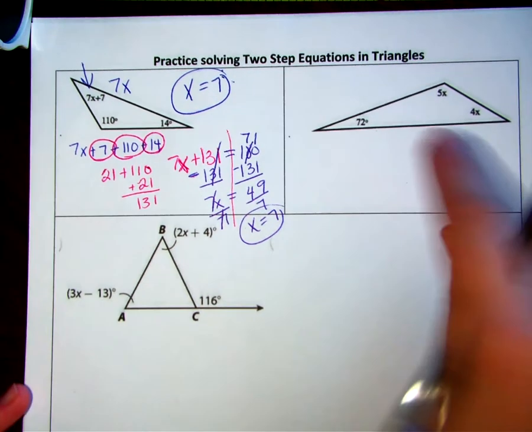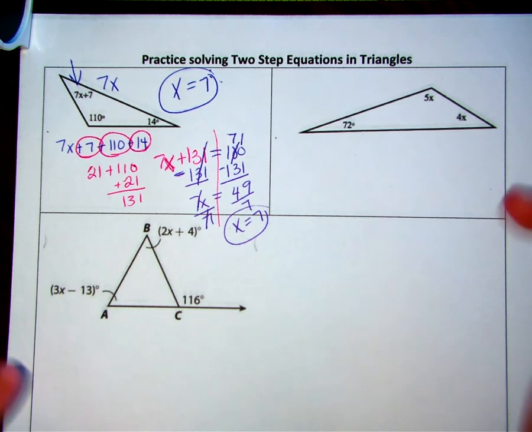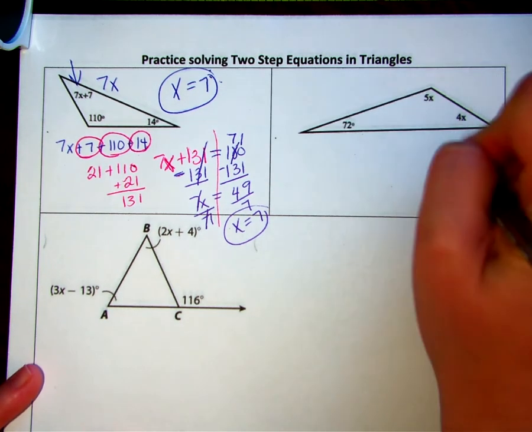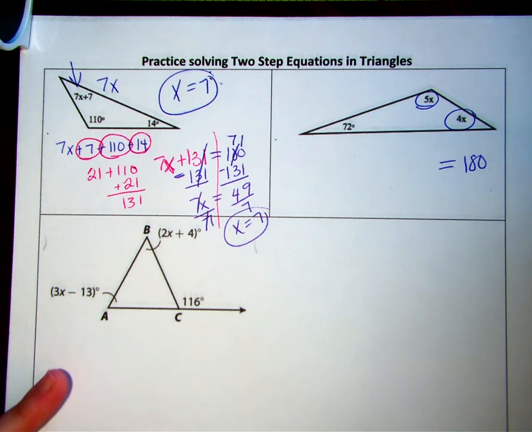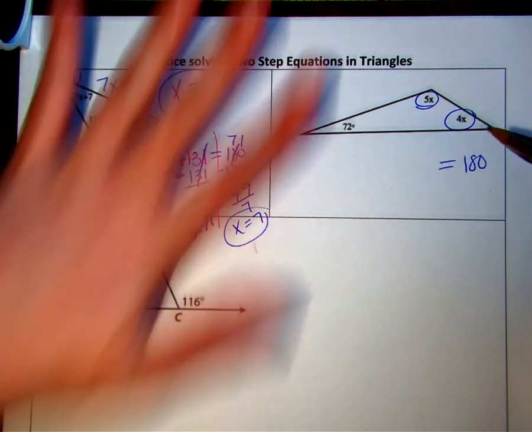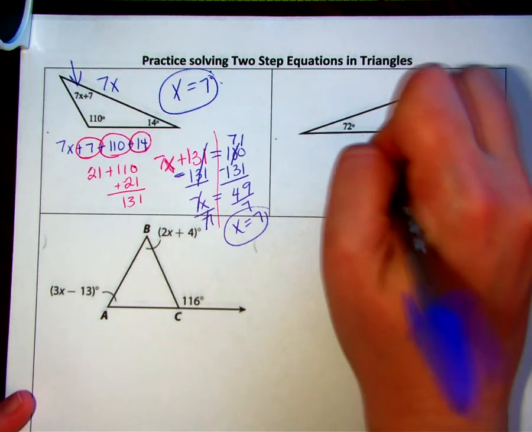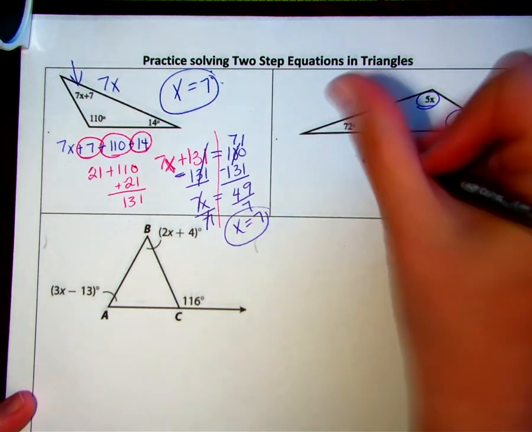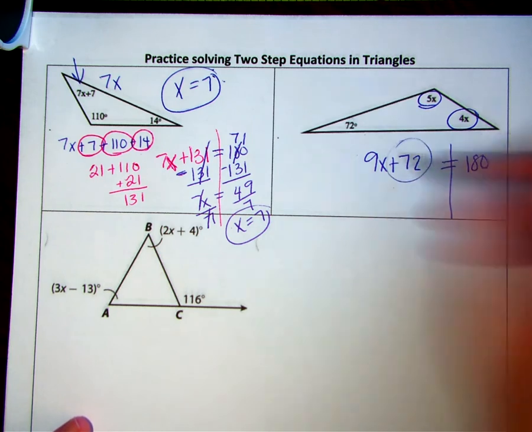Okay? All right, so this second one, if you combine your like terms again, I'm going to set it equal to 180. Combine your x's. You have positive 5x, positive 4x. So together, 5 and 4, 9 total, so 9x. And then this is a positive 72, so I'm going to put plus 72 degrees is equal to 180. So you want to isolate the x, so you need to get rid of the constant first.